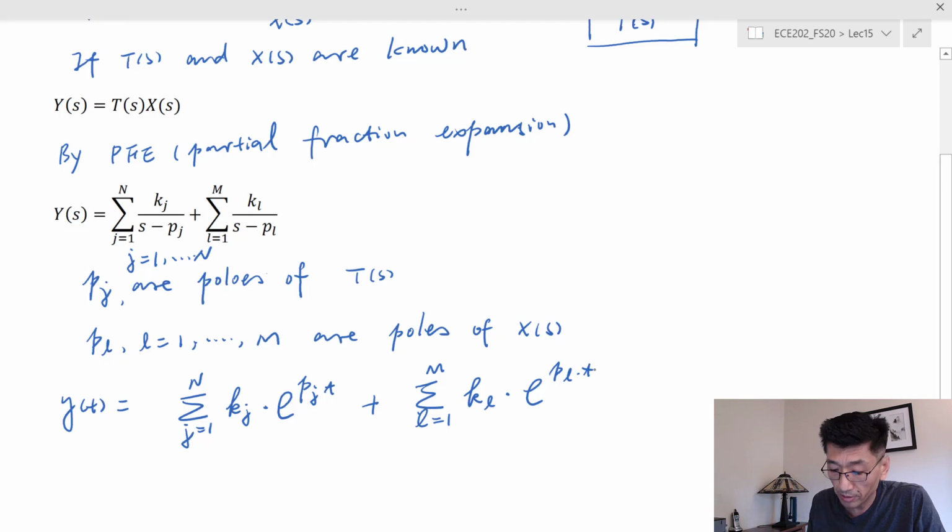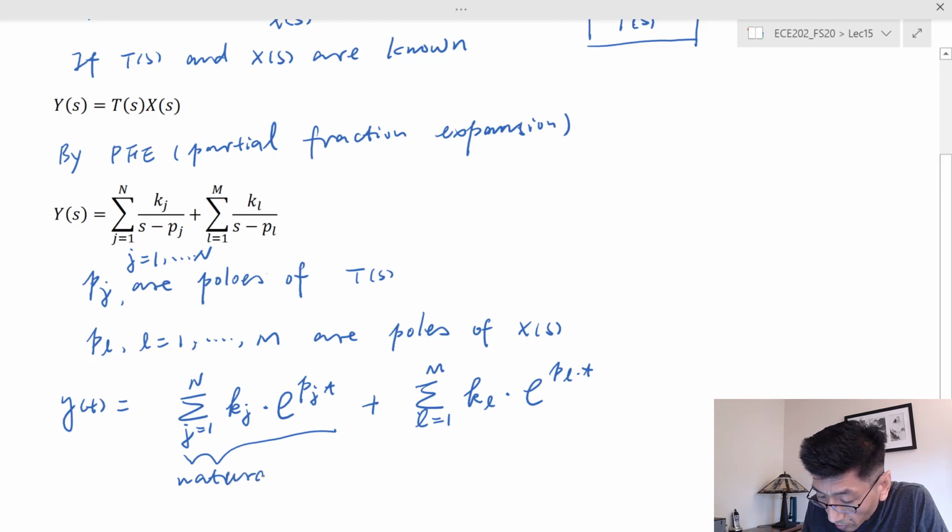We can identify the first part as the natural response.